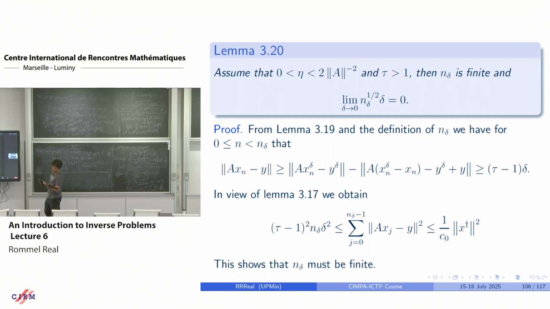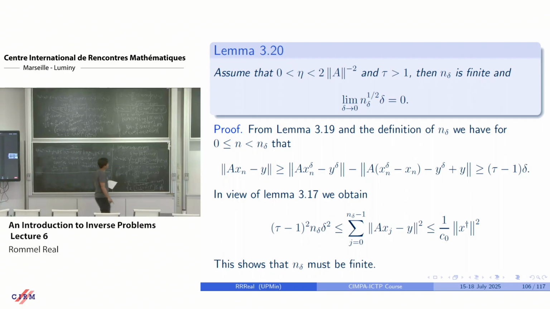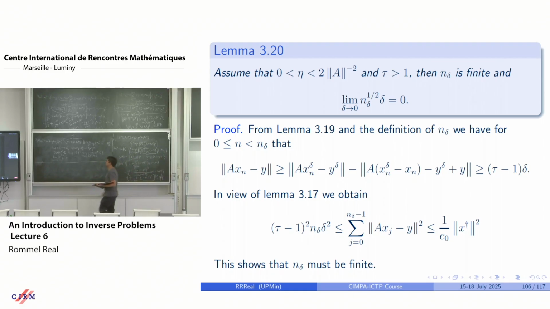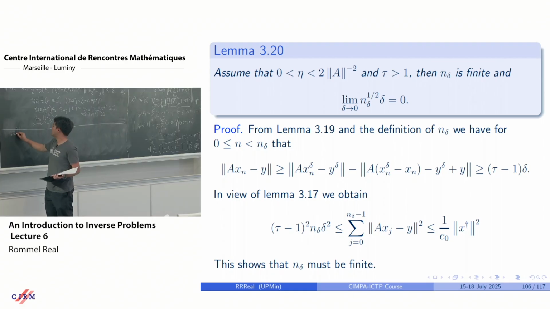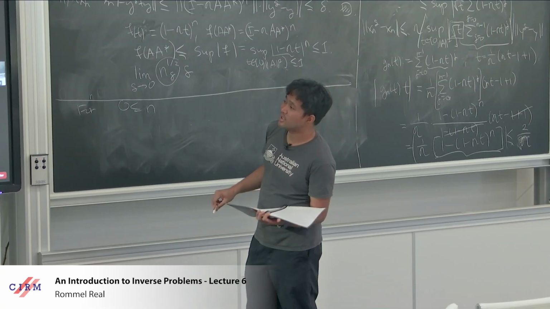Okay, and it's like this. So, say for n from 0 to less than n delta.